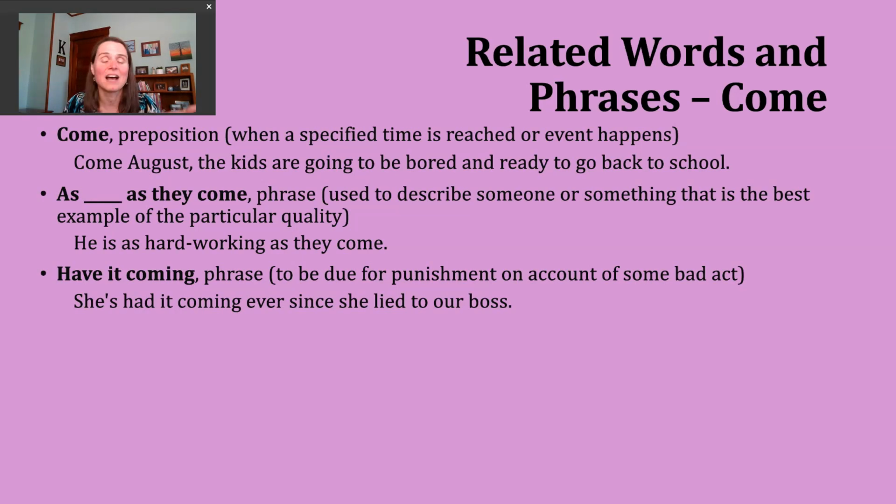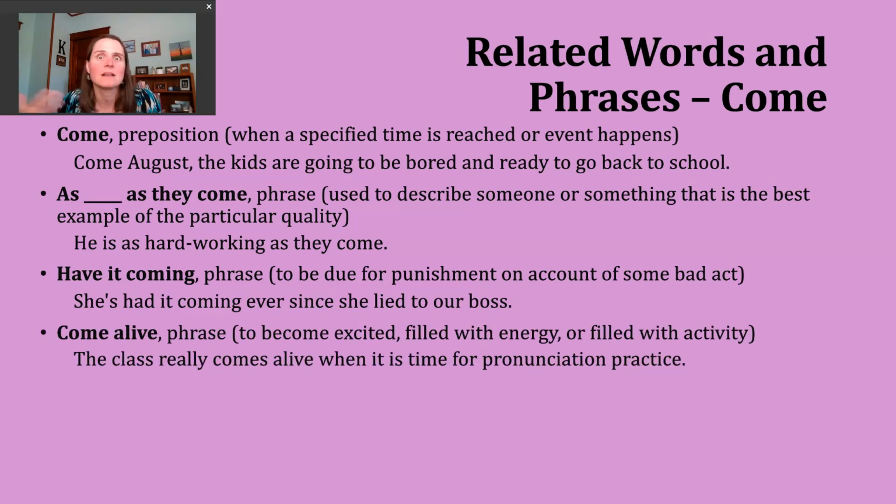That's that idea of something resulting that will also be bad. So an example of this: she's had it coming ever since she lied to our boss. So lying to the boss, there's the bad act, and we're saying she's been due for some punishment and maybe something else bad happened as a result of that.